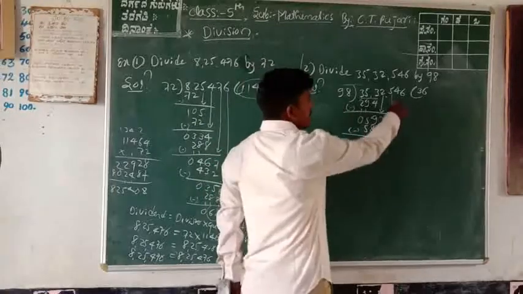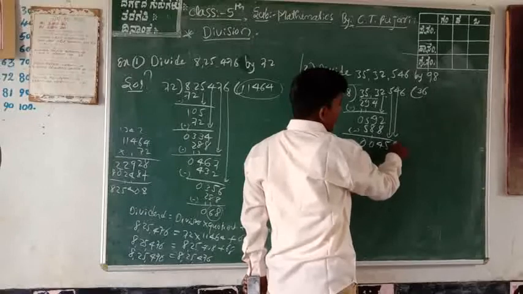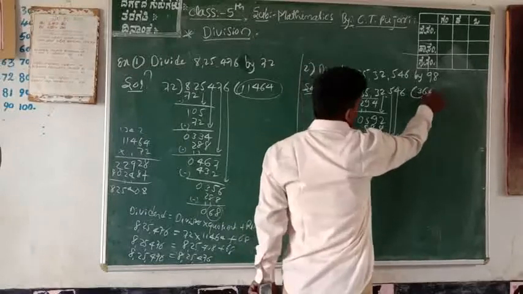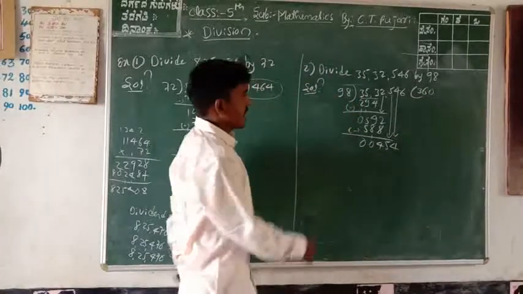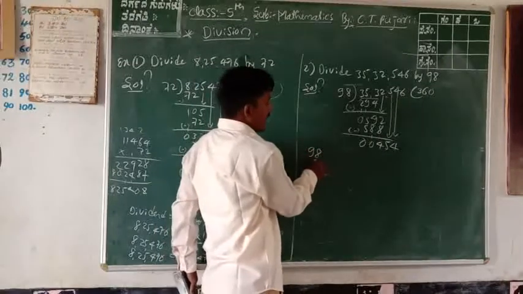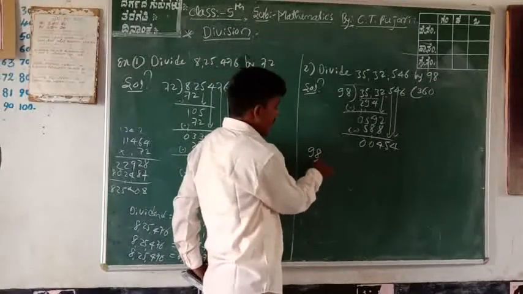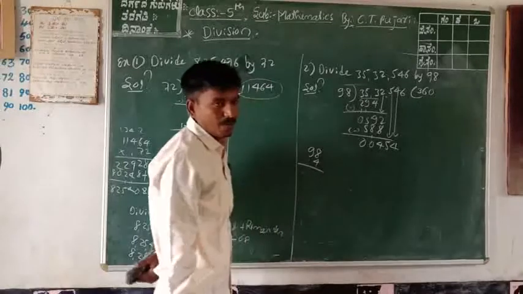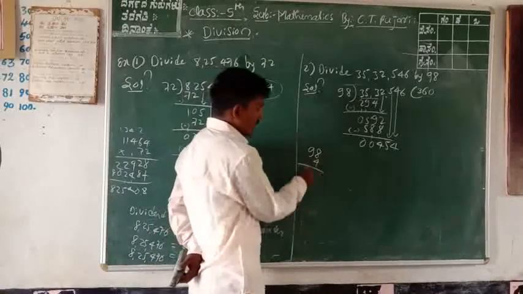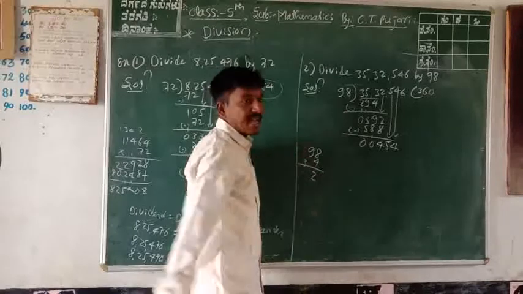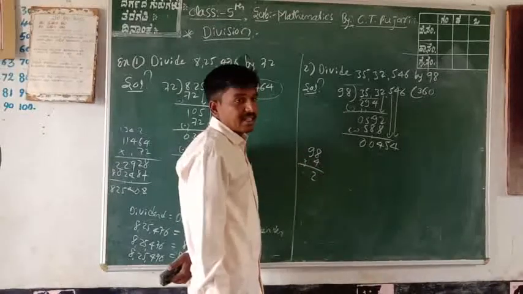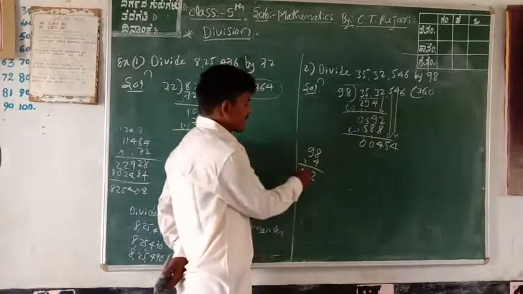Again, you can take the next digit, 4. In the quotient you can take 0. Next, 98 4s. 4 8s are 32. 4 9s are 36. 36 plus 3 is 39.